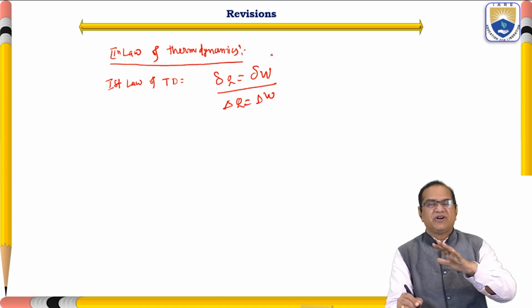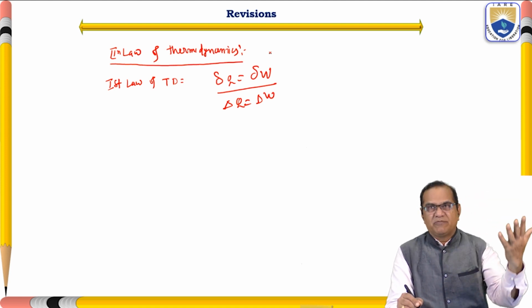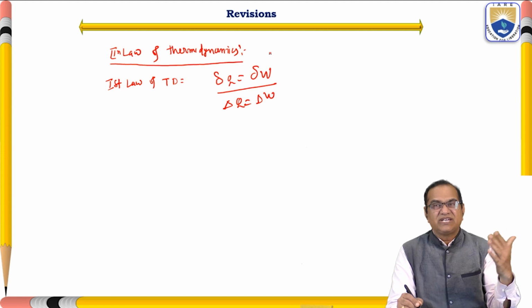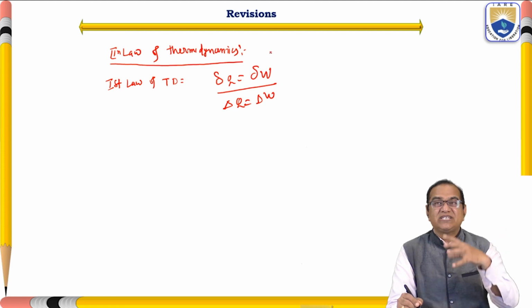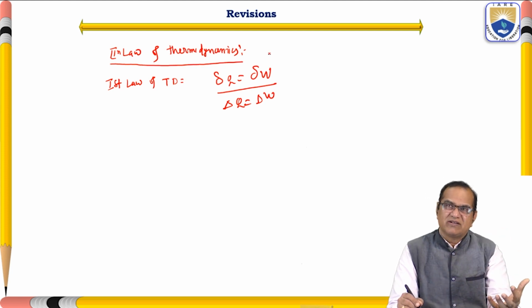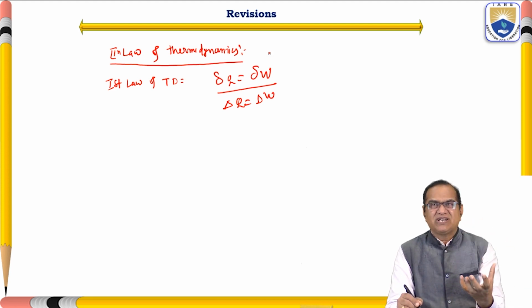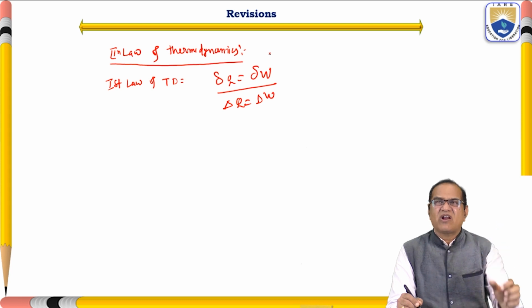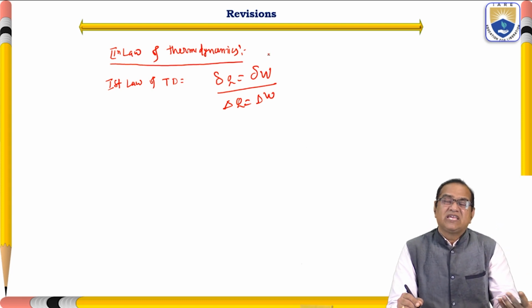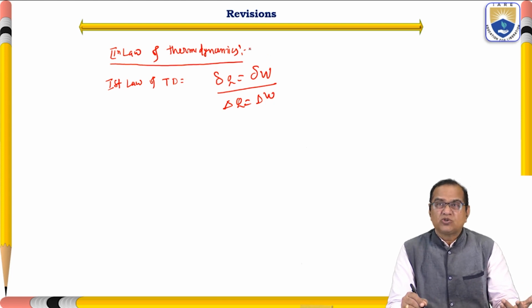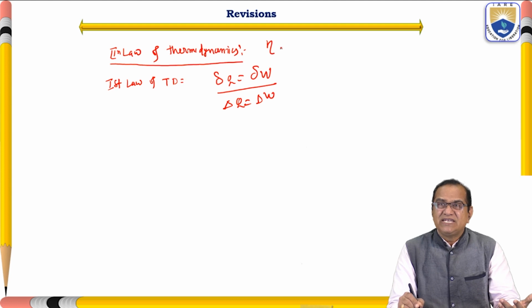Heat cannot be transferred from a lower temperature to a higher temperature instantaneously. We need to give some work, and there are some entropy losses. This entropy will be generated, and this generation of entropy will give the losses of the given energy. So the total energy will not be able to convert to work. So here one word has come, that is called eta, and this is called efficiency.